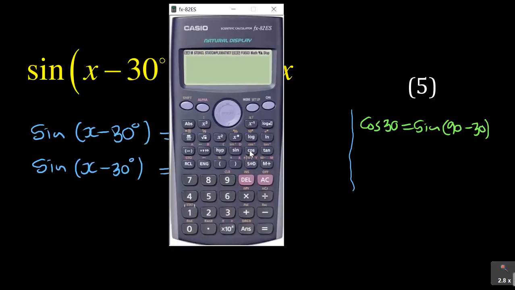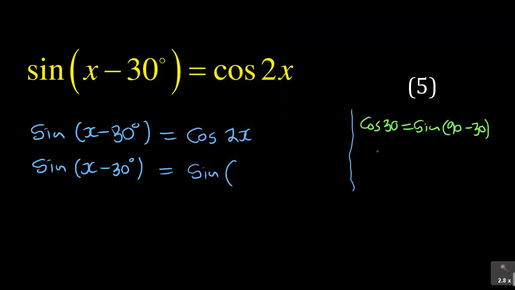So if I say cos 30, you see it's root 3 over 2. Then if I say sin(90 − 30), you're also getting root 3 over 2. Do you see what I'm talking about? Why? Because generally, if it's cos θ, it becomes sine, but it's 90 − θ. So that's what is happening.